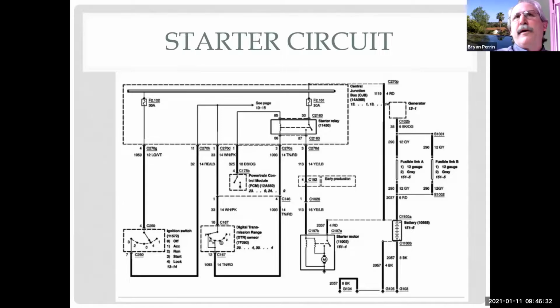So a solenoid is very specific, and I'm getting a little ahead of myself, but it creates an electromagnetic field with a plunger in the middle of it, and that plunger is going to move. If I put electrical contacts on the plunger, then boom, it creates an electrical connection. But if I connect that same plunger to a door lock, I can make the lock unlock and lock with a solenoid. I can't do that with a relay.